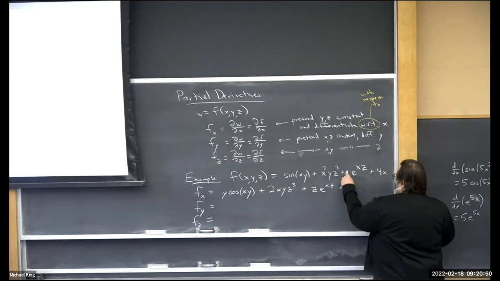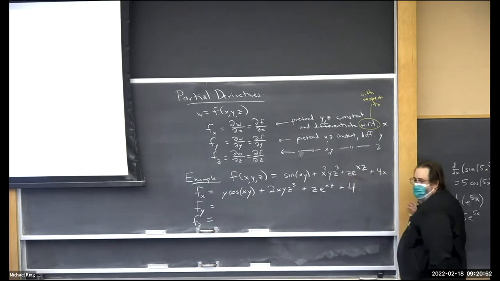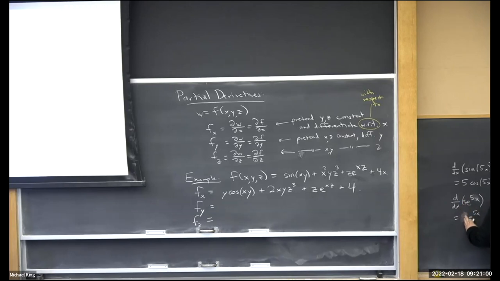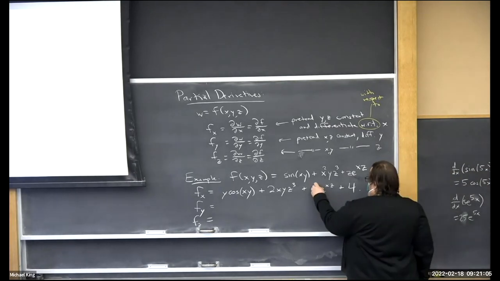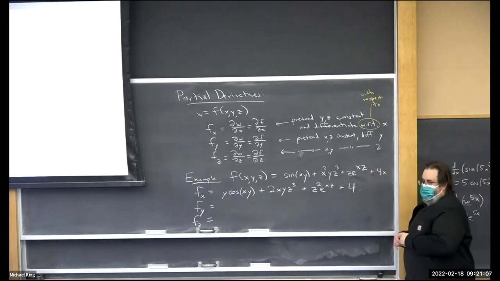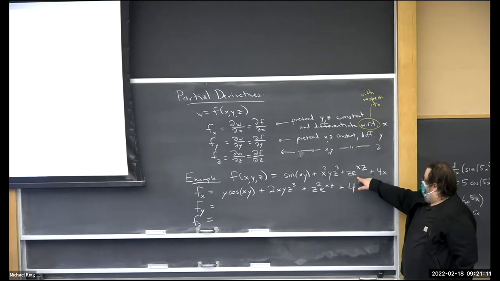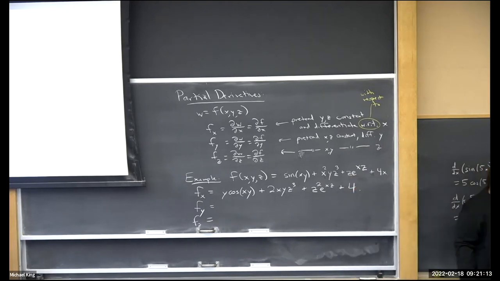If I had put a z here, it's only going to change the partial z derivative, really. But then this would have been like a 5 here, which would have been like a 25. So this would have become z squared. That would just multiply by a z. So I'm going to put that there just to make the partial z a little harder for you guys. It's fine, we're just doing this to practice.